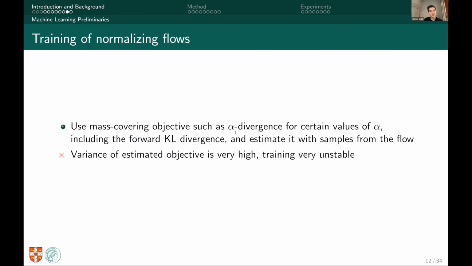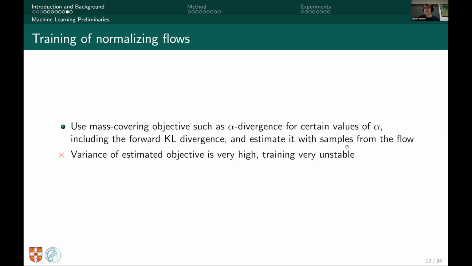Why are we talking about training with samples here? It's training with samples from the flow. You always need some kind of samples. Typically you have an objective which contains some kind of expectation, and it needs to be estimated. If you cannot compute it analytically, which is usually the case, you do it with samples. But the question is, do you do it with samples from your target or from your model?